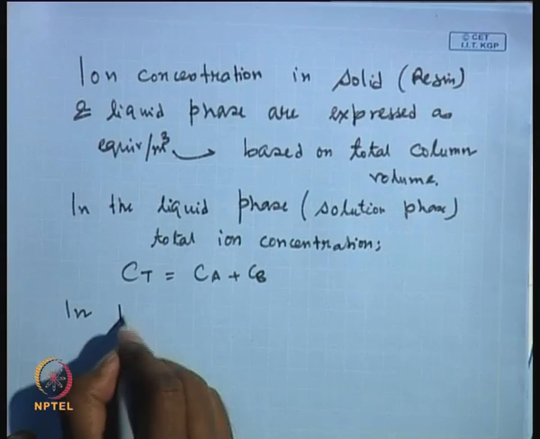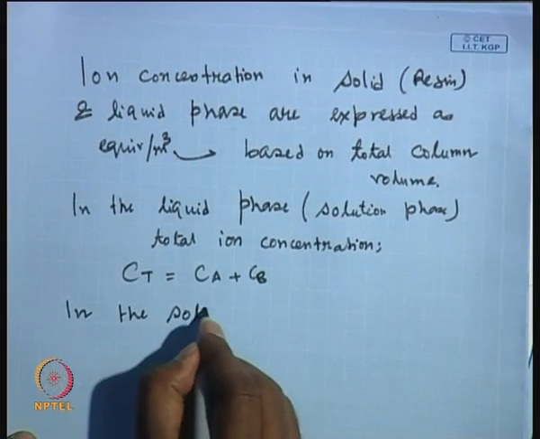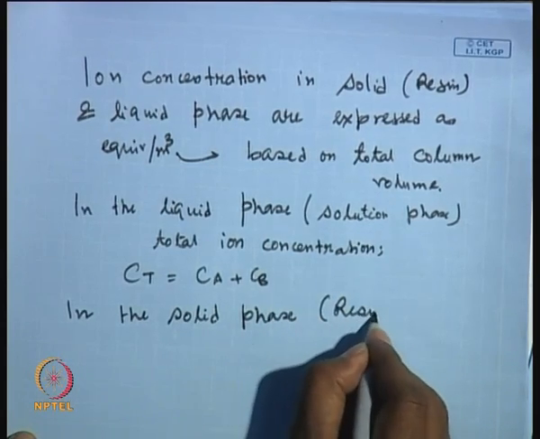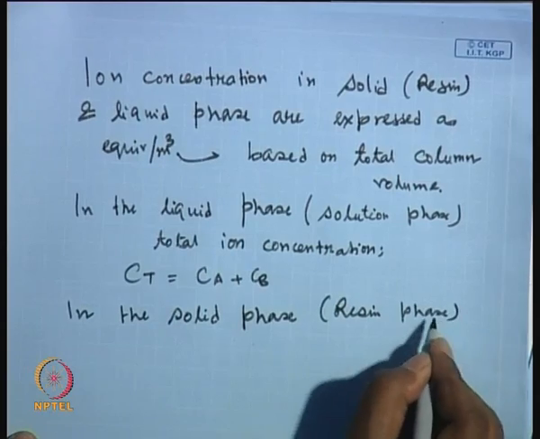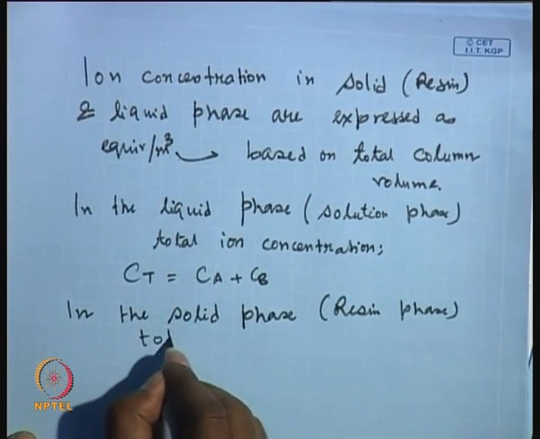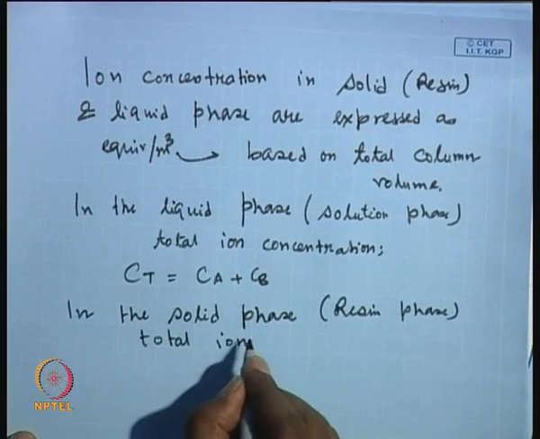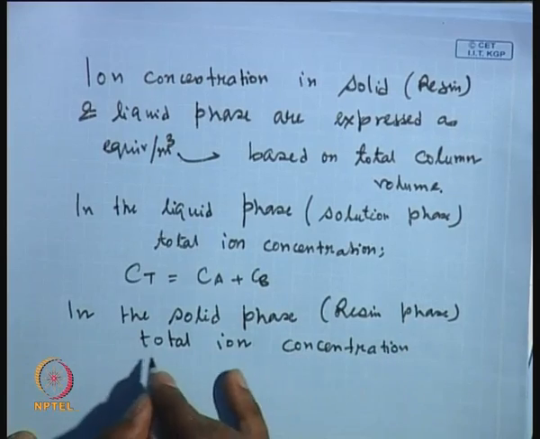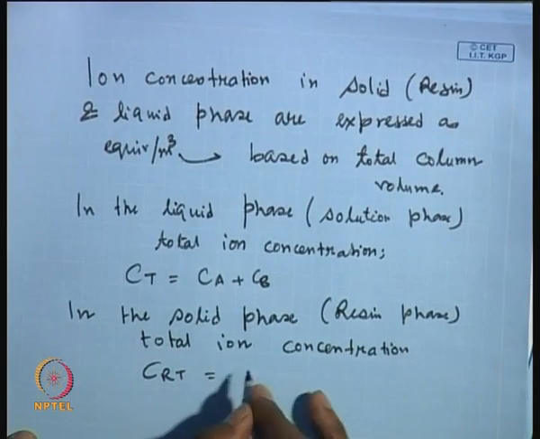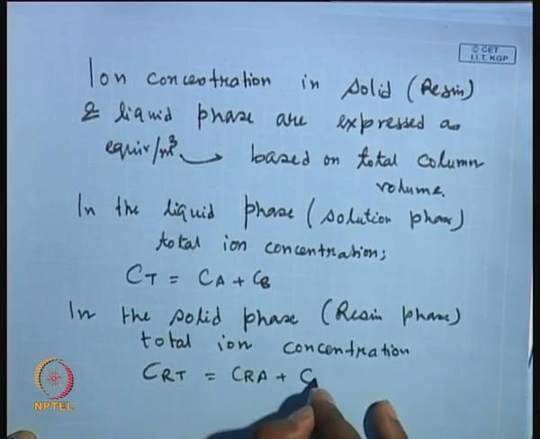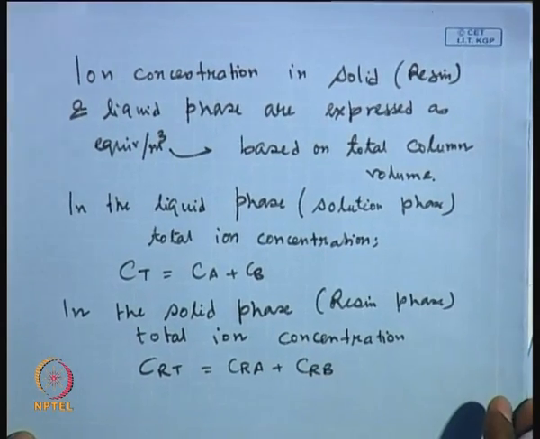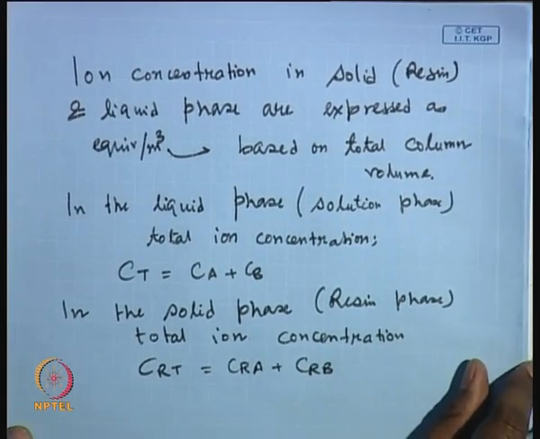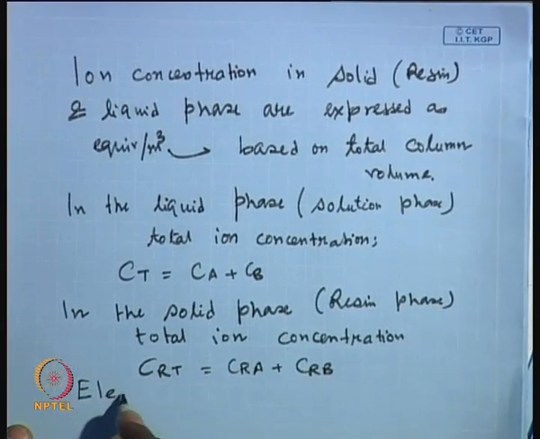In the solid phase or the resin phase, the total ion concentration can similarly be written as C R T is equal to C R A plus C R B. The subscript R indicates that it is in the solid phase or the resin phase. These two conditions are known as electroneutrality conditions.